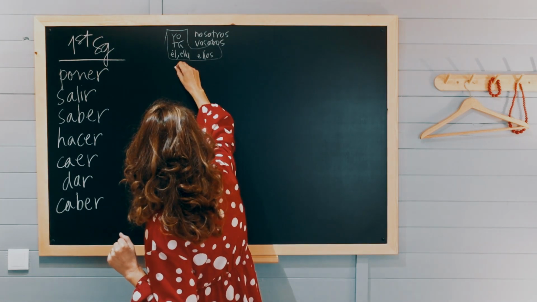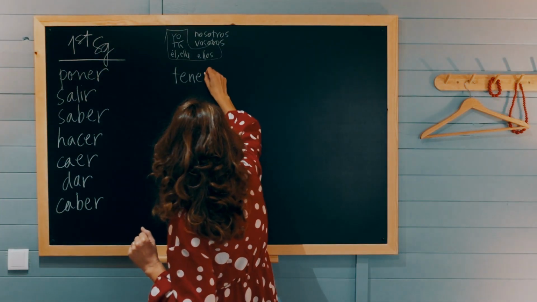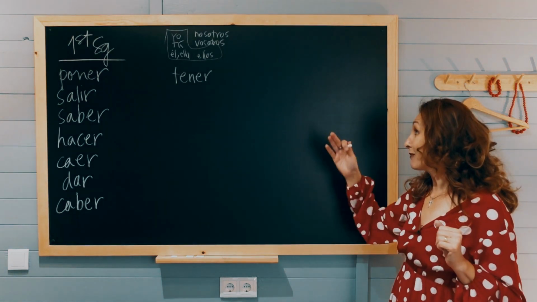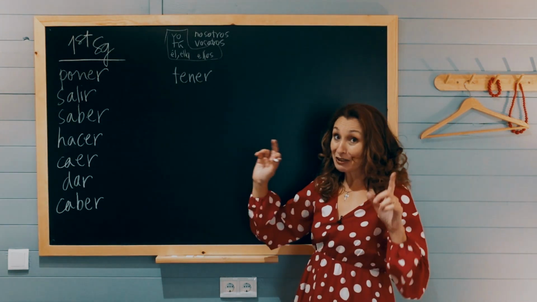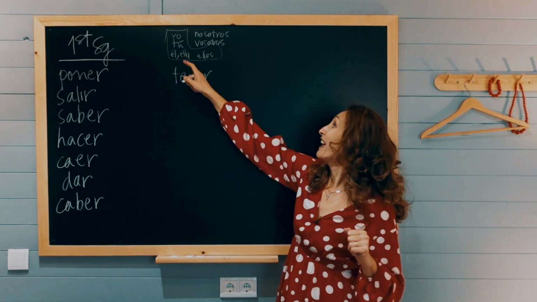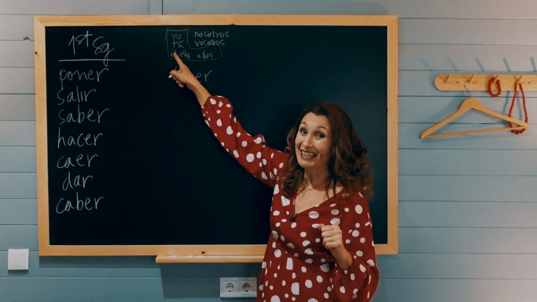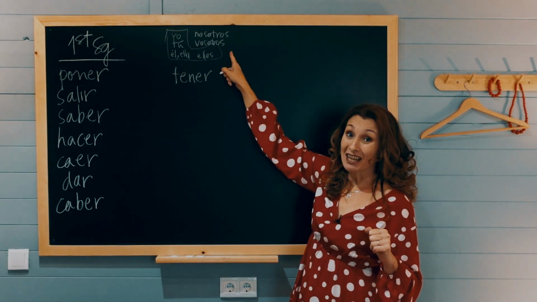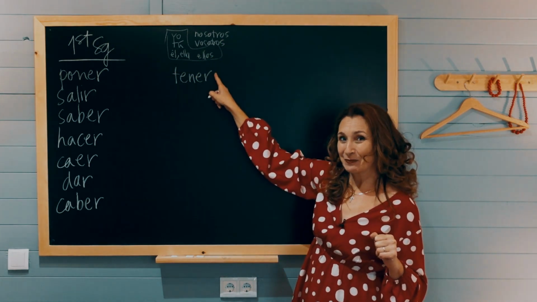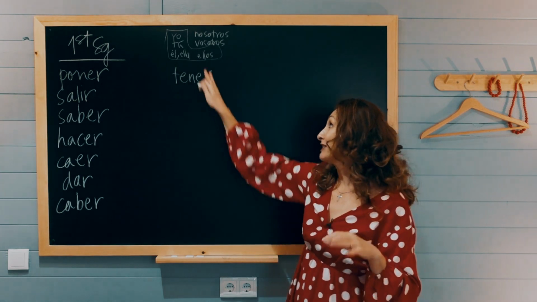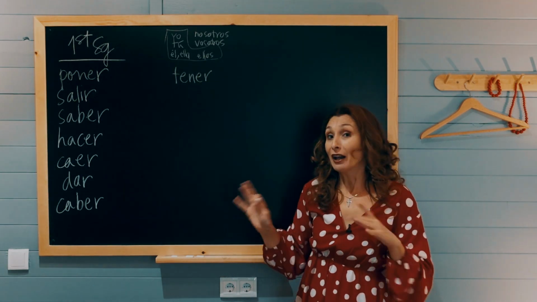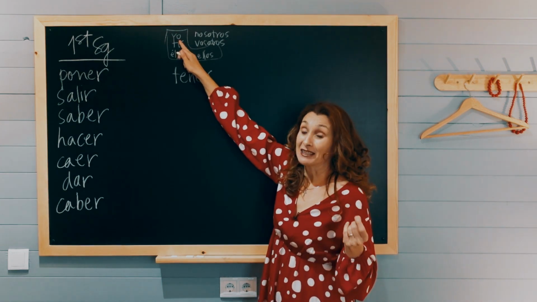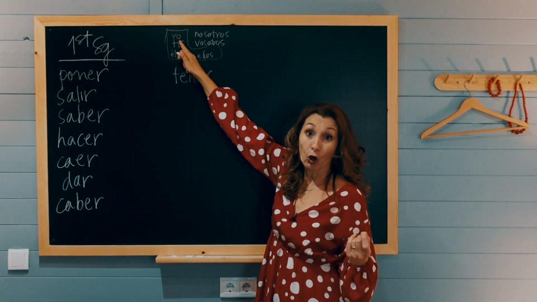So let's start. The first one is tener, to have, okay? So tener will be irregular inside the boot. Tengo, tienes, tiene. Tenemos, tenéis, tienen. The irregularities inside the boot are not always the same. For yo, we had this G, tengo.